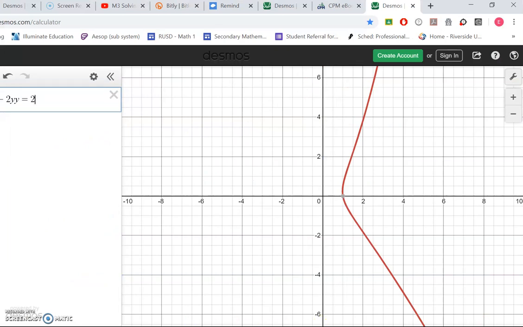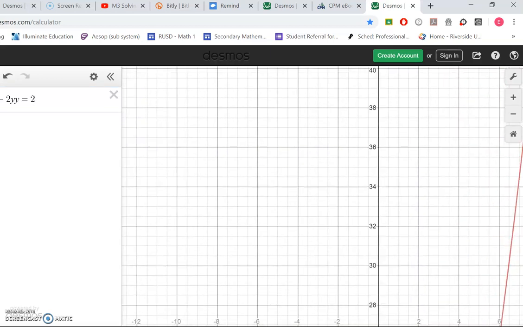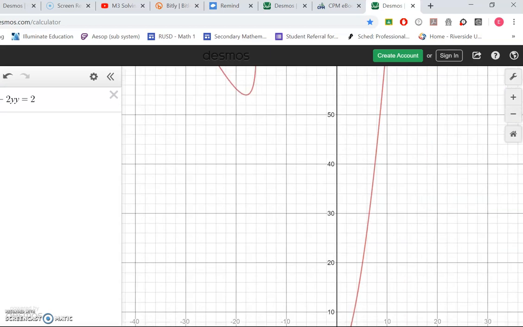Okay, I lied. There isn't one. Actually, if there is, it's up here. There it is, right there. About negative 18. So it's not going to work out really nicely.